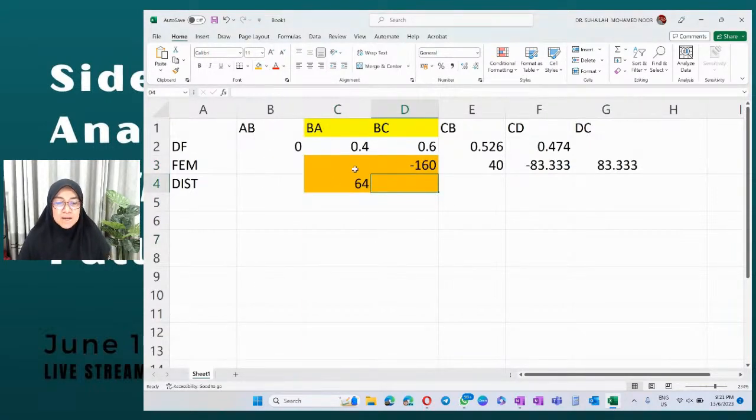So the highlighted total must be 0 to check for equilibrium.